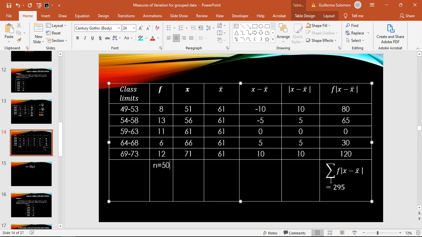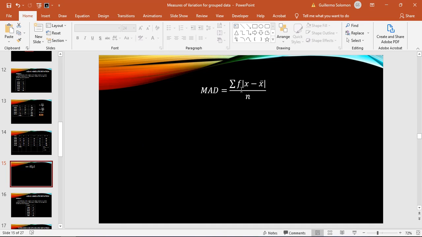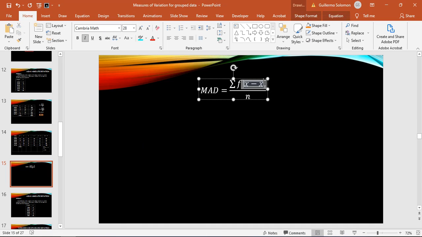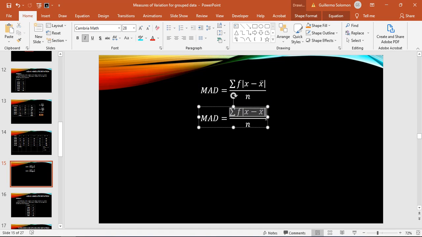Yan, yung number of samples natin. So 295 all over 50.